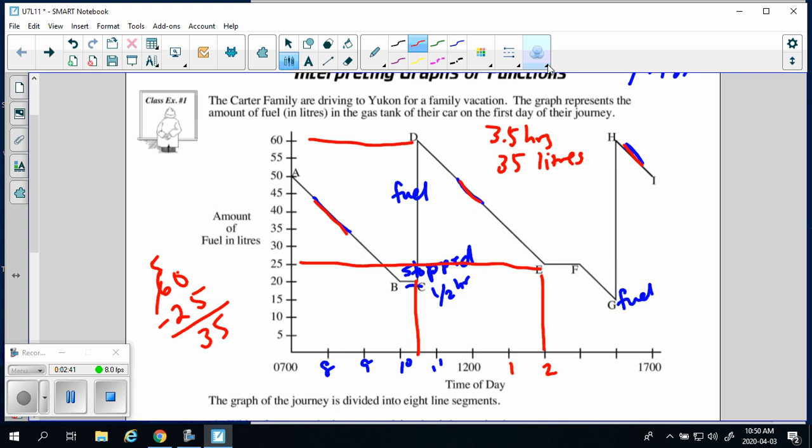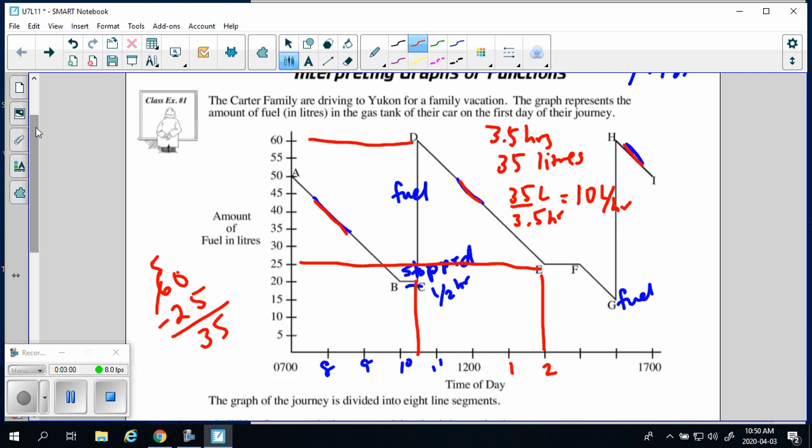So if we want to come up with an actual rate, you would have to take the liters divided by the hours. And if you calculate that out, it ends up being 10 liters per hour, at least for this segment over here.